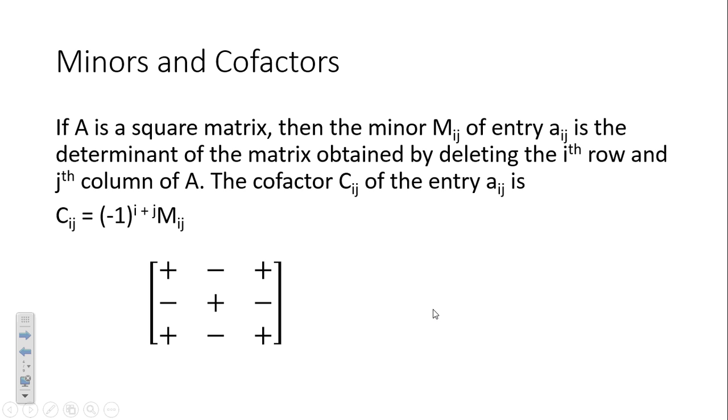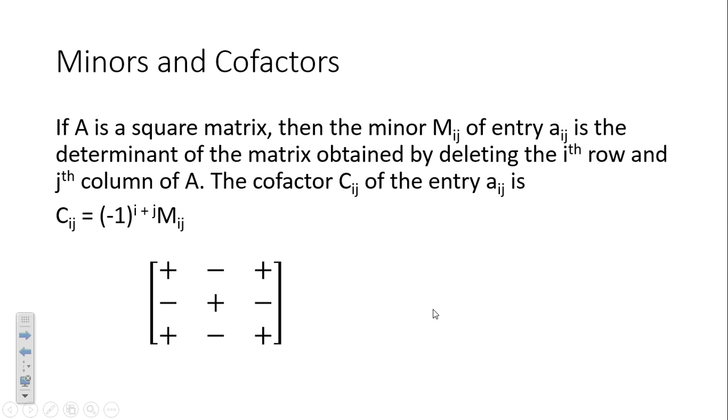So first of all, if A is a square matrix, then the minor, and we have a capital M for minor because there's operations that have to be performed in order to make that happen.